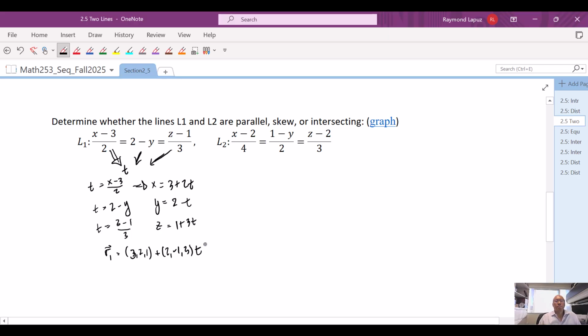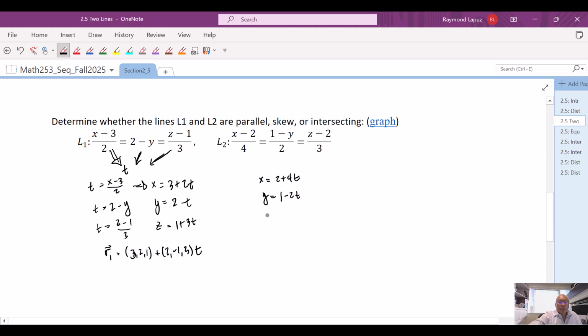All right, let's do the same thing over here. Out of the x, we will get 4t plus 2, 2 plus 4t. Out of the y, we will get 2t and then -1, but then you have to change it around. So this will be 1 minus 2t.